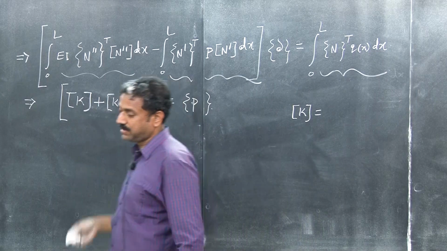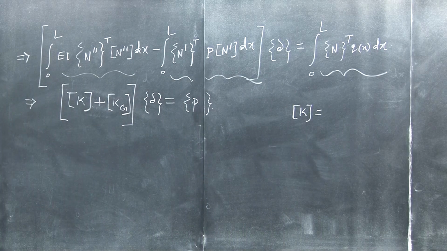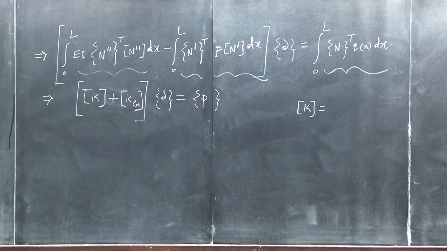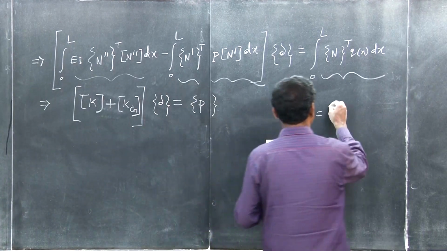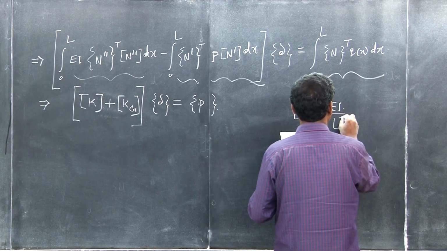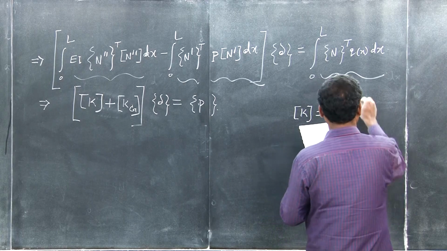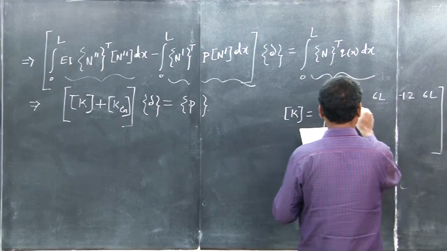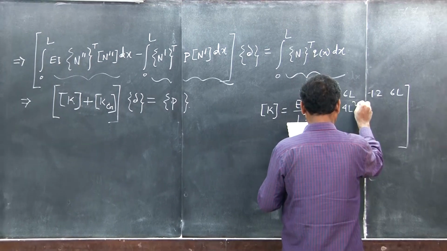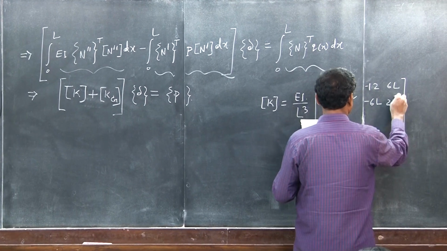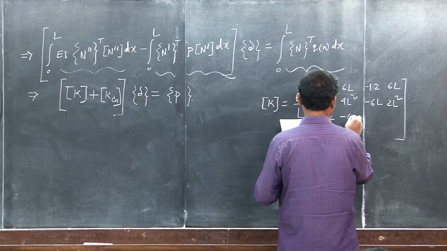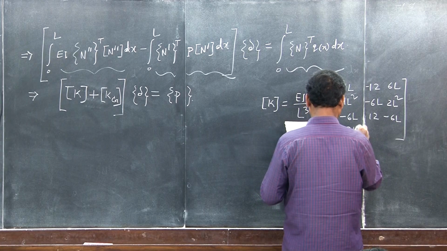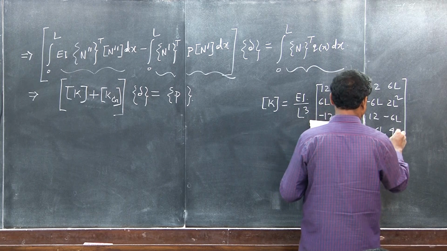K is basically the double derivative and you do the integration so you will get the terms. So I am writing these terms for you: EI flex by L cube, and here it is 12, 6L, minus 12, 6L; 6L, 4L square, minus 6L, 2L square; minus 12, minus 6L, 12, minus 6L; 6L, 2L square, minus 6L, 4L square.